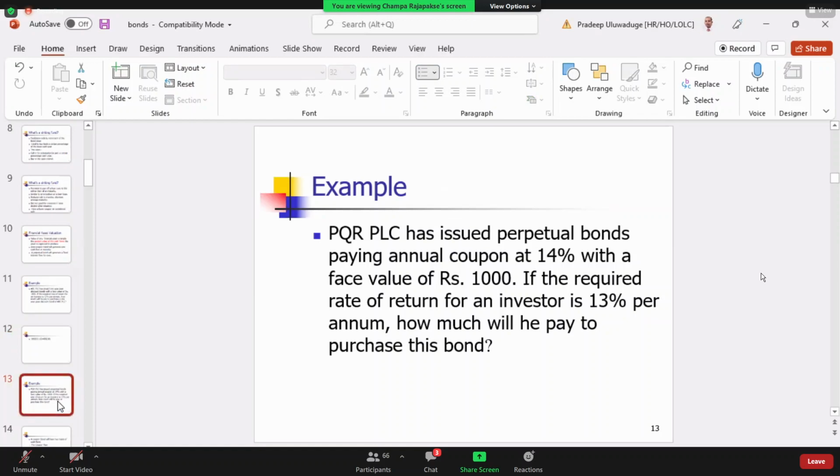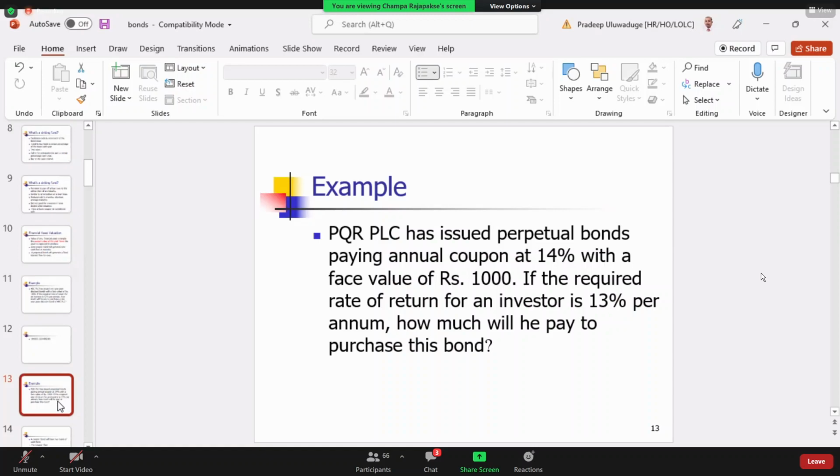Another example: PQR PLC has issued perpetual bonds paying annual coupon at 14% with a face value of 1000. If the required rate of return for an investor is 13% per annum, how much will he pay to purchase this bond? Now, what is the nature of this bond?